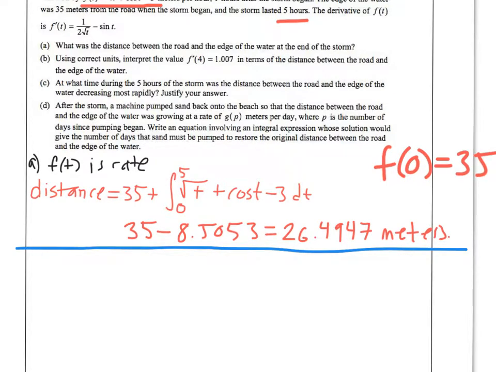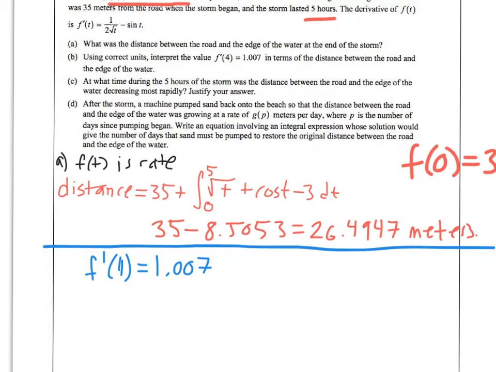Okay, so f prime of 4 is equal to 1.007. And let's think about this in terms of what's going on here. So we know that f of t is a rate, and it's going to be meters per hour.